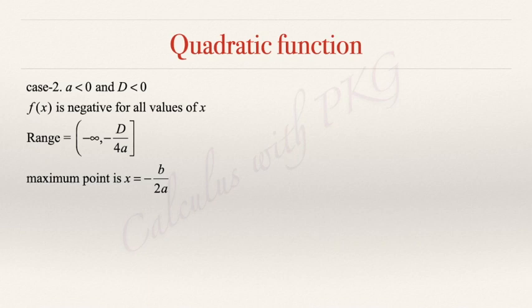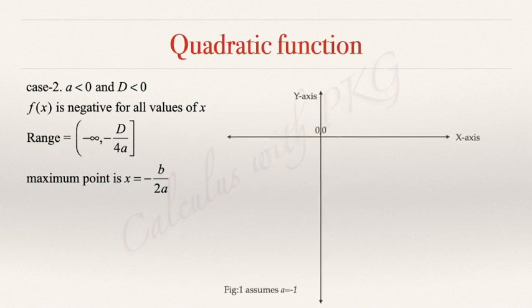Now in case 2, for a less than 0 and d less than 0, we choose again the function f of x equal to a x square, but now a is less than 0. So in the graph you can see the parabola opens downward now.